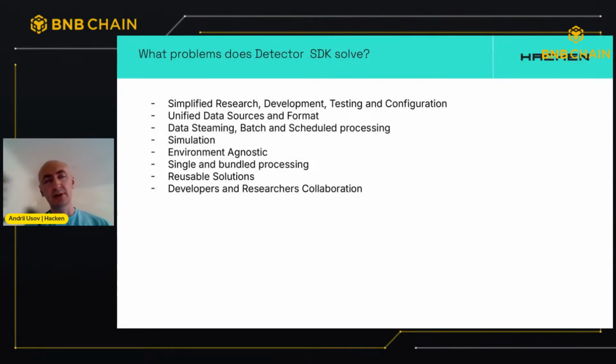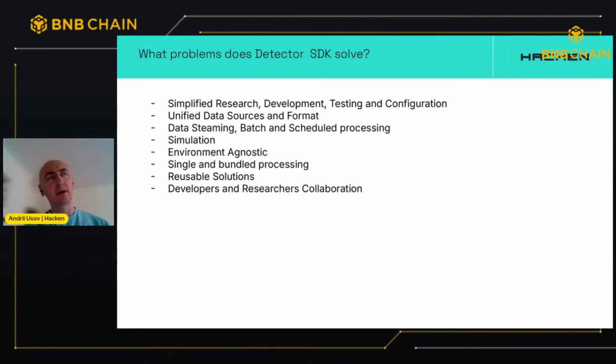Again, simulation, as a part of research. And environment agnostic means that if we develop something that works on our local machine, it should work in the same way in the cloud or in any environment. It doesn't really matter.